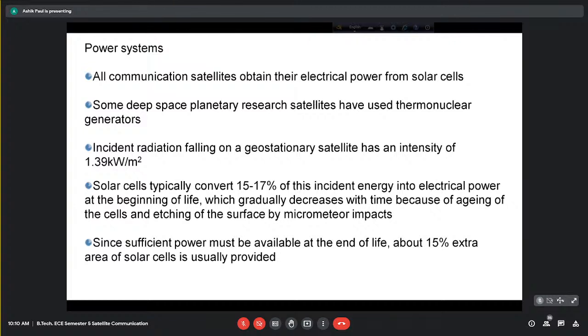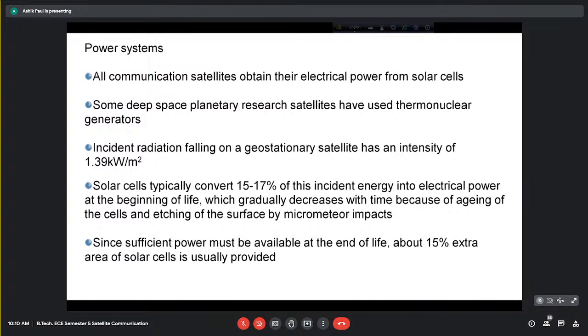That is why at the end of their lifetime, some amount of solar cells has to be present intact, that means in a working condition, so that the ground control segment can issue commands and park them near one of those stable locations.